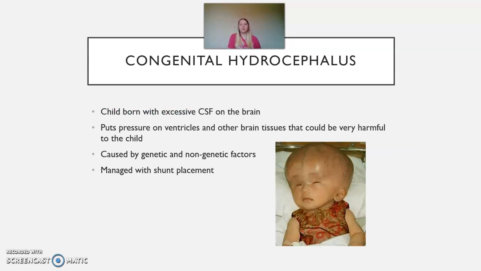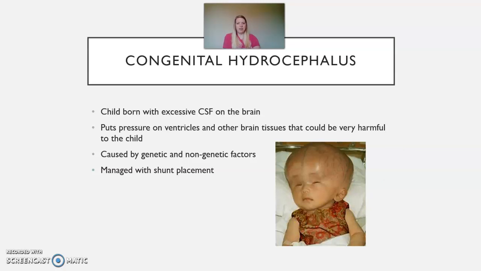So the congenital hydrocephalus is basically formed inside the womb, right at birth, or just a little bit after birth. And so I have a picture here that illustrates a very straightforward picture of congenital hydrocephalus.